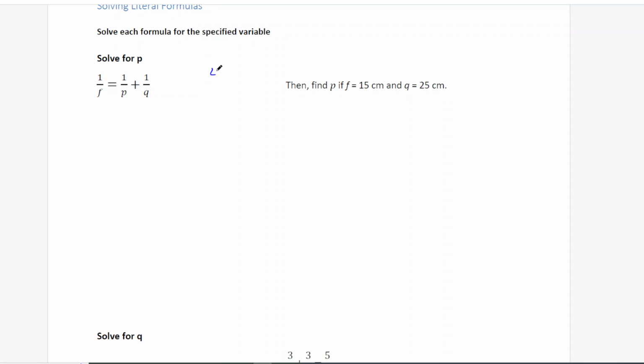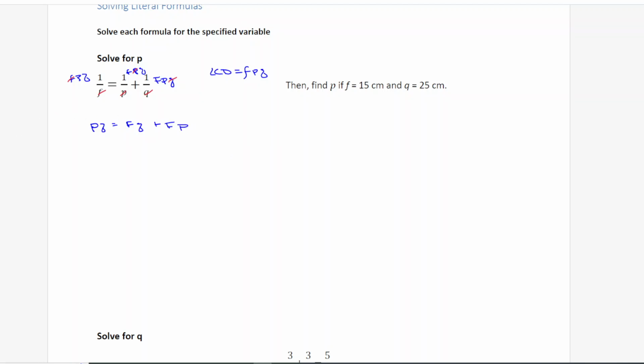Because this is an equation, I'm going to determine the lowest common denominator, which is FPQ, and then multiply every single term by FPQ so that I can destroy the denominators. So F gone, P gone, Q gone. And I'm going to see what I'm left with. I'm left with PQ times 1, which is just PQ, 1 times FQ, and then 1 times FP.